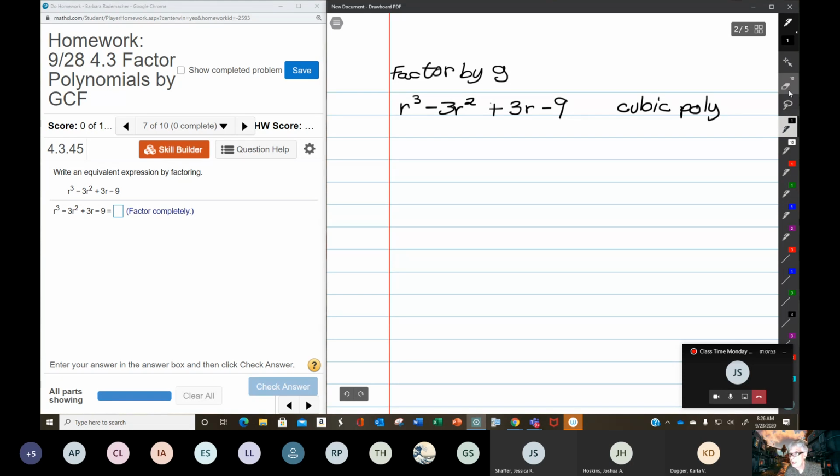Actually, that G should be a capital because this is a proper name. It's a proper title. Factor by Grouping. Now in math, really everything stands for something else.